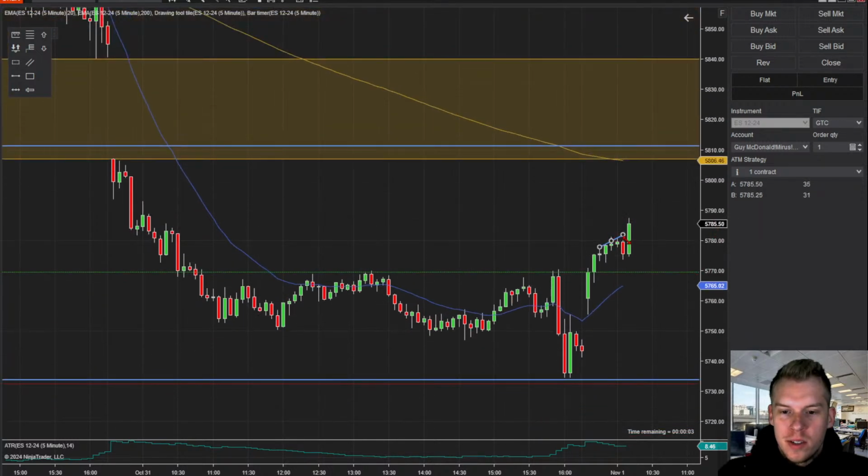So now as we look at this, this might end up being the third push in the leg. So like first push, pullback, then this all would be a second push up, pullback, and then third push.